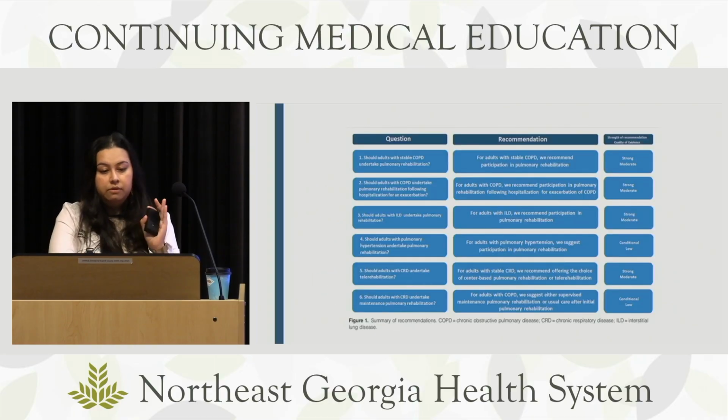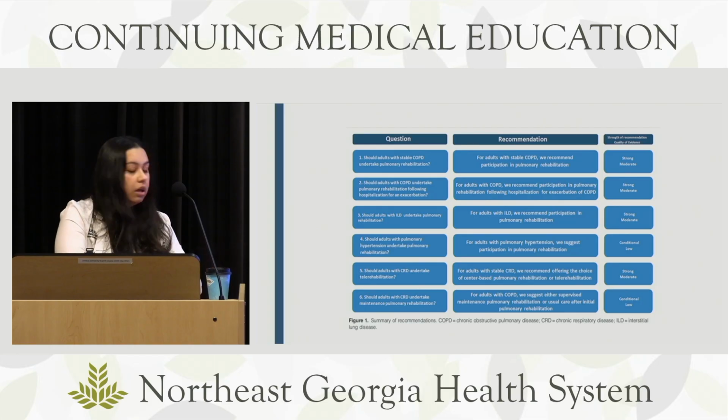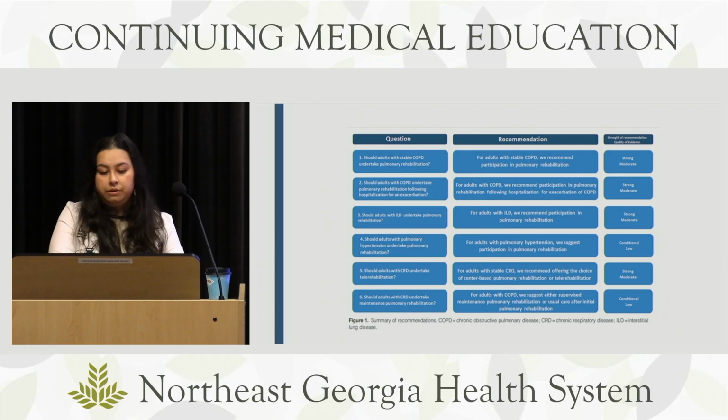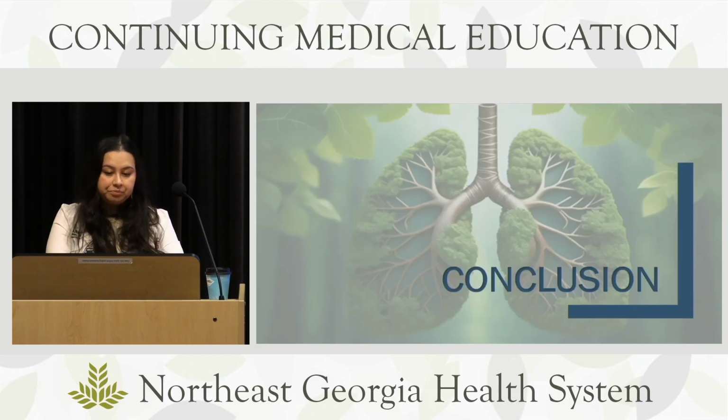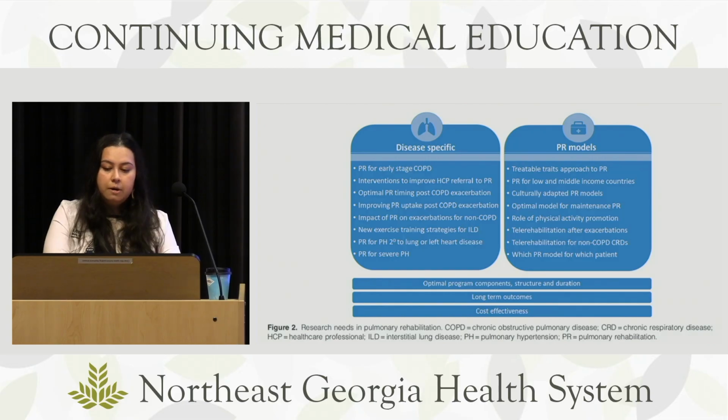So just kind of the summary is in the ATS clinical practice guidelines that was presented in 2023. So most of them have strong to moderate quality of evidence. So coming to the conclusion, a lot of research is needed. Again, this is from the same ATS guidelines.